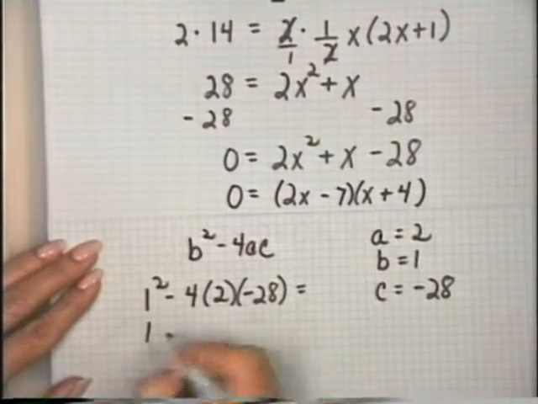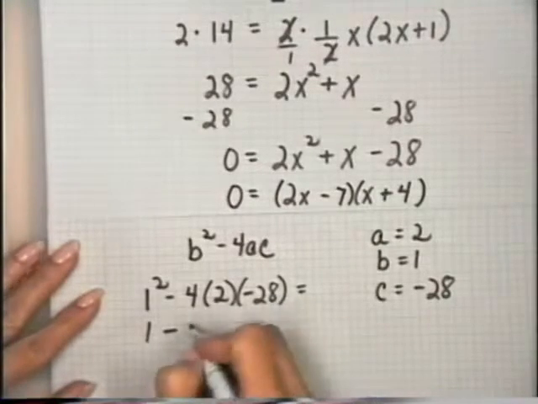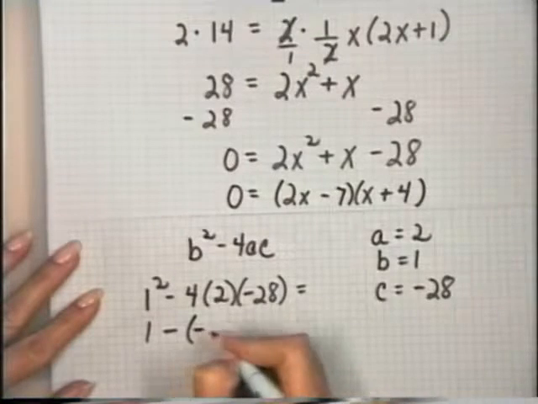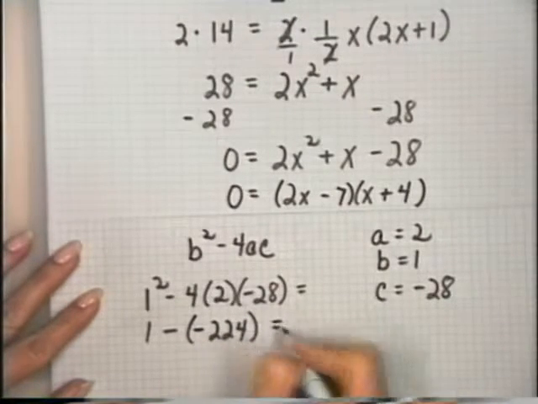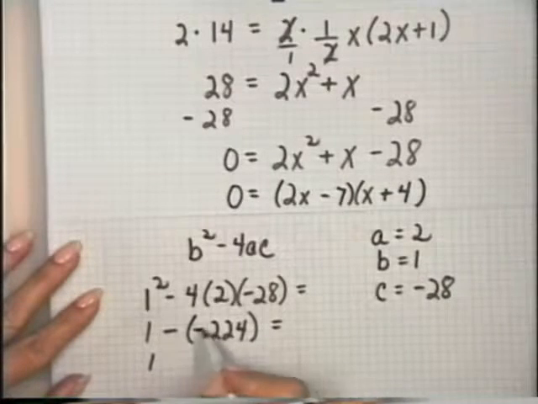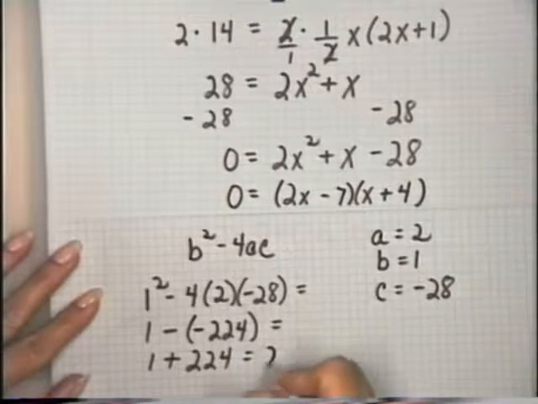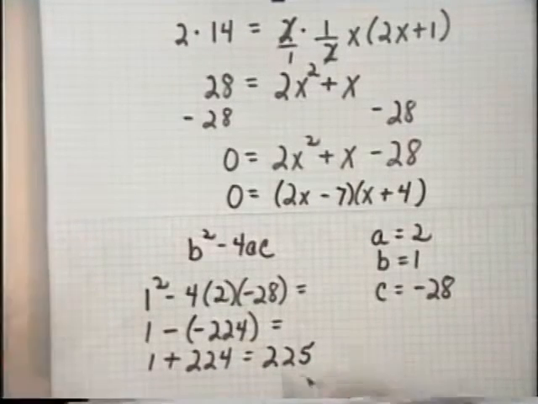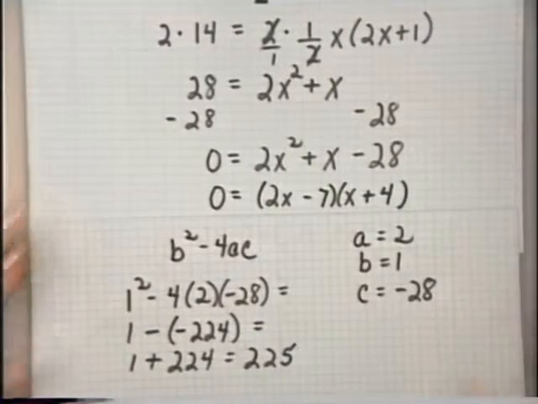So I get 1 minus 4 times 2 is 8, and 8 times the negative 28 would be a negative 224. So I have 1, of course, subtract a negative is the same as adding 224. So I get 225. 225 is a positive perfect square number.